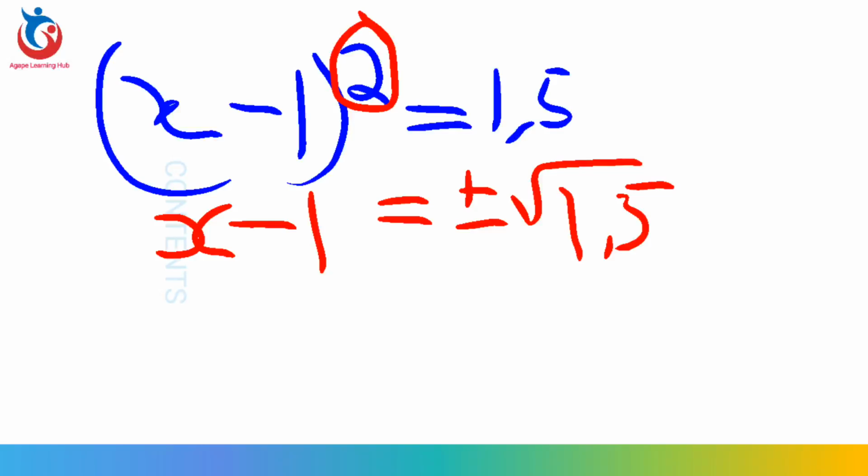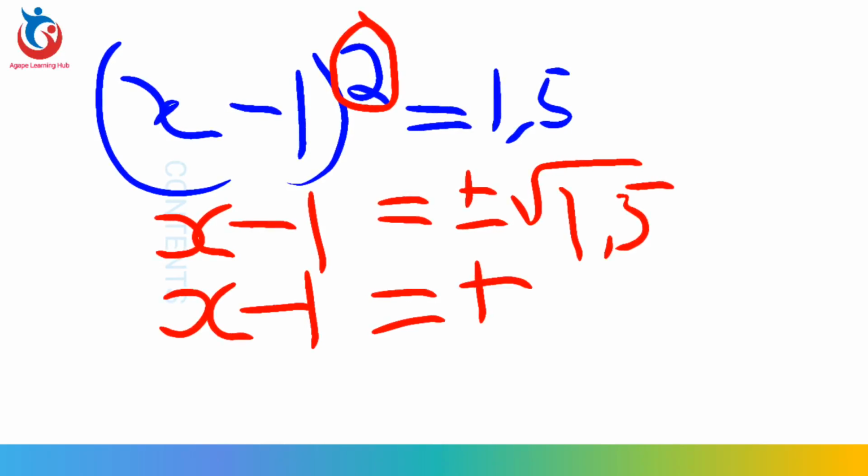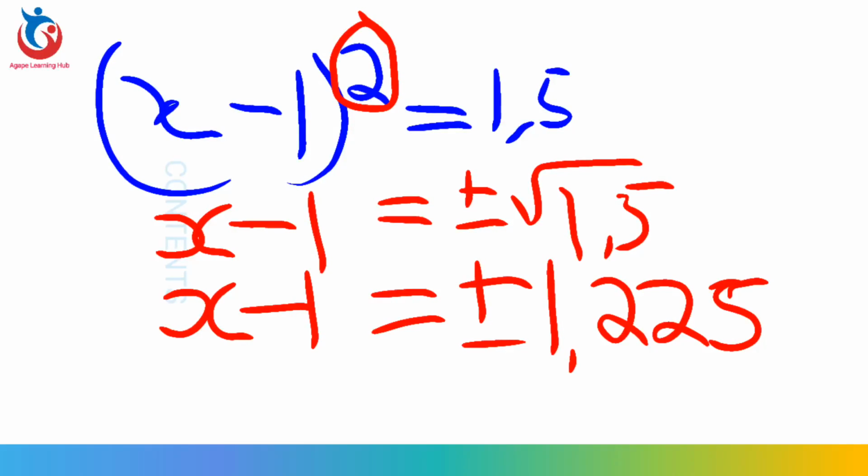What is the square root of 1.5? 1.225. So x minus 1 is equal to plus or minus 1.225.